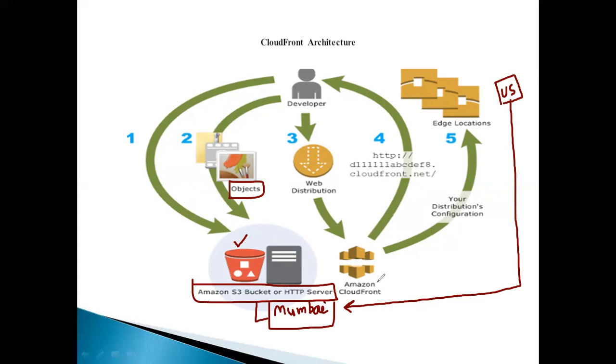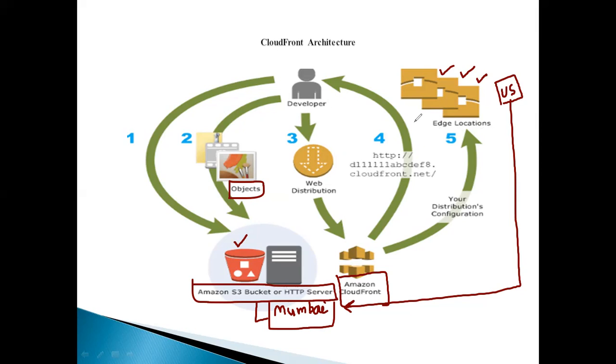So what do you have to do at that time? There is an option, CloudFront. CloudFront will distribute your same content to edge locations. As I said in the beginning, in one country there are several edge locations. You have to double check on Google.